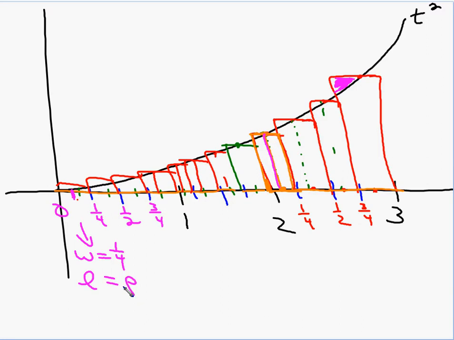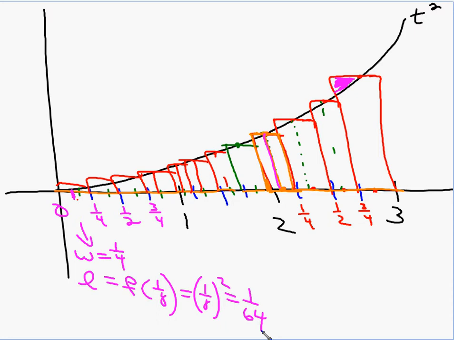It's going to be f of 1/8. Okay, because remember, the height of the rectangle is my length. So my function was t squared, so 1/8 squared is 1/64. That is the length of the rectangle.